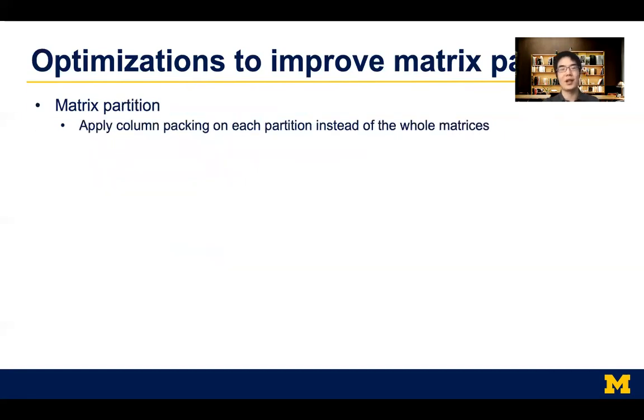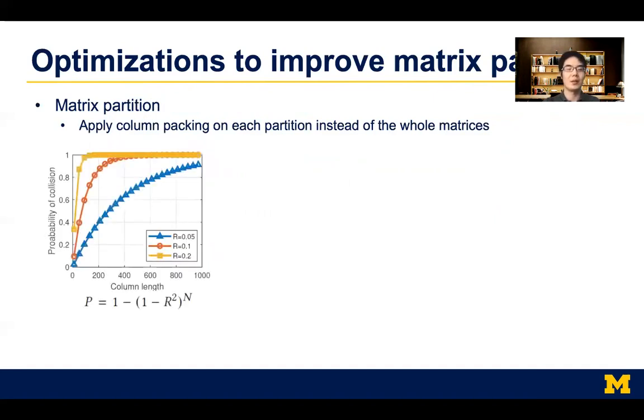In the first, partition-wise packing, the motivation behind it is that when the column length is really high, no matter with these 3 density levels, the probability of collision is higher than 90%, which basically means you can't merge any of the columns. But if you look at the figure in the paper, when the column length is small, the probability of collision reduces significantly.